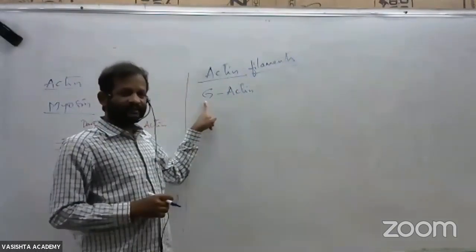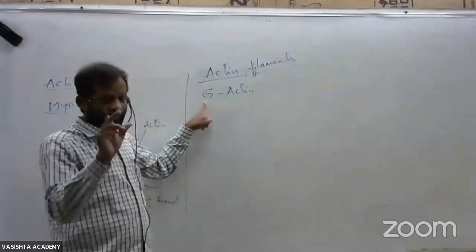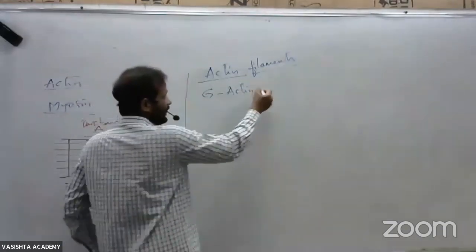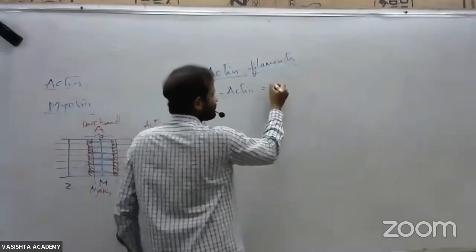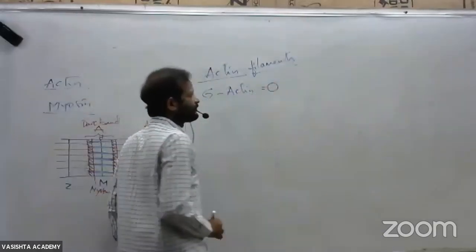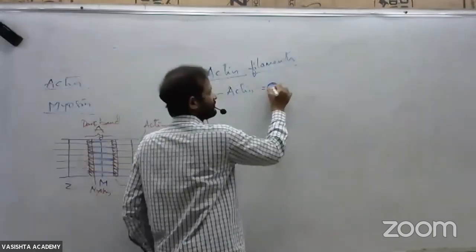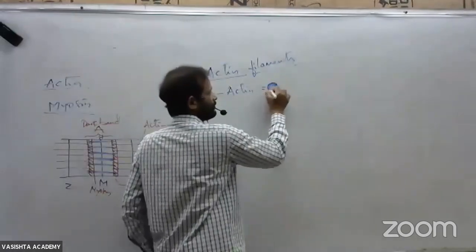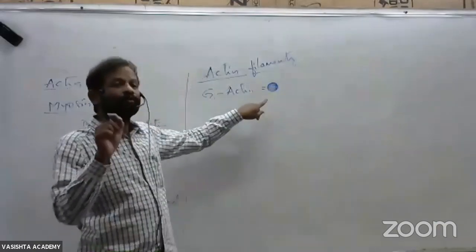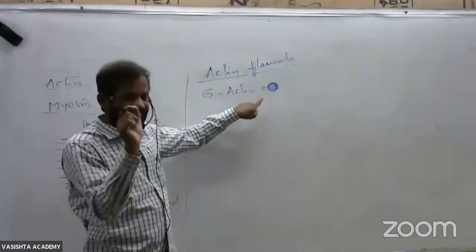The G means globular. Globule means spherical. So I will show G-actin here. That is a small globule. This is G-actin. This is the monomer. Monomer in the sense single unit.